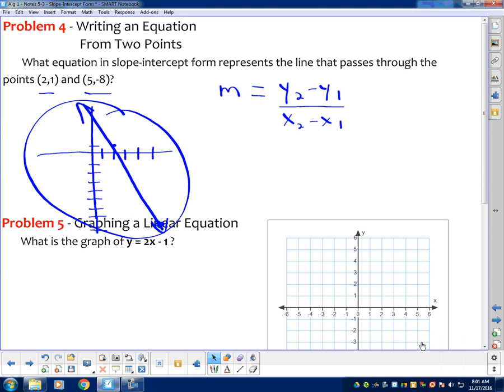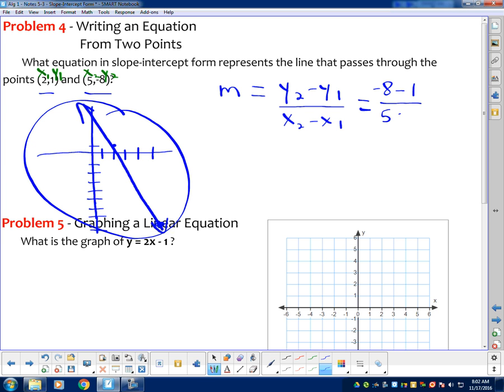Alright, so we're going to find the slope between these 2 points. I'm going to label these. We have x1, y1 here, and x2, y2 here. So let's go ahead and plug in all that we have. So y2, according to my labeling, is negative 8. y1 is 1. And x2 is 5.